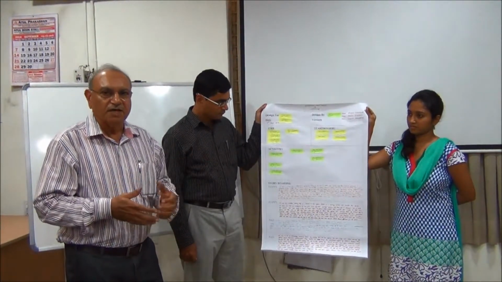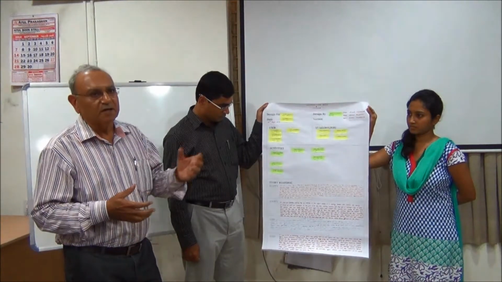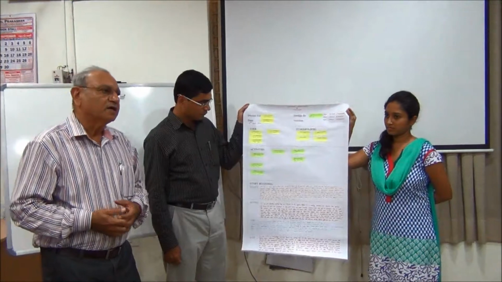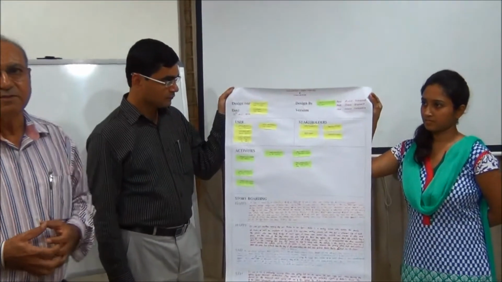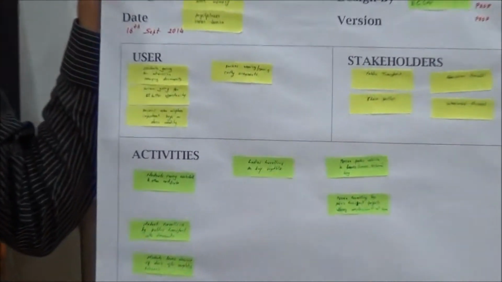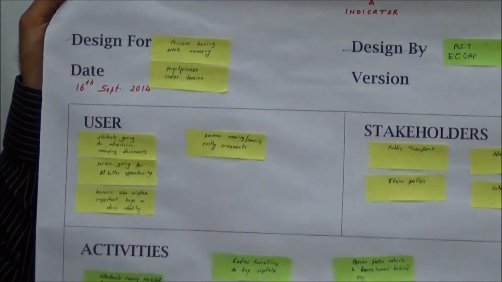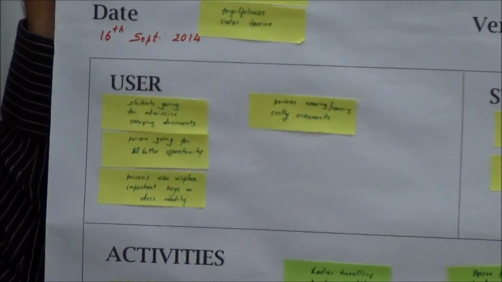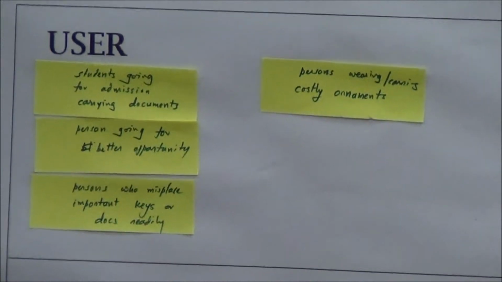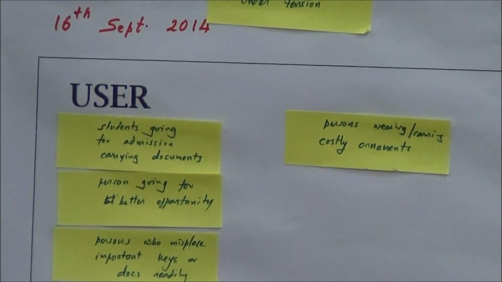Then stakeholders can be police, civil administrators, admission committee members, interview committee members, and landlords, those who are having the documents, and many others. To systematically solve these problems, we first have to identify the users of the system and the stakeholders.